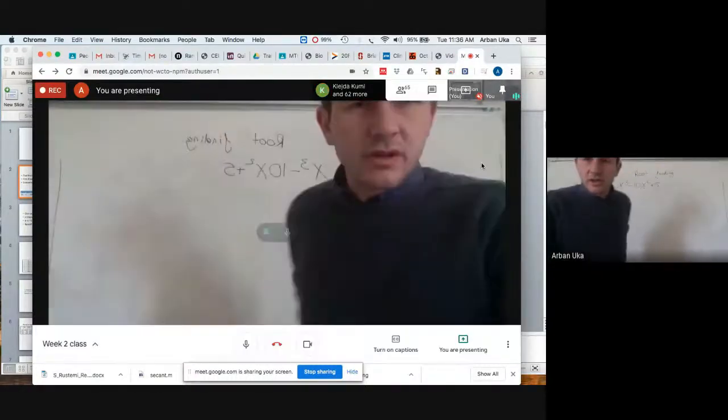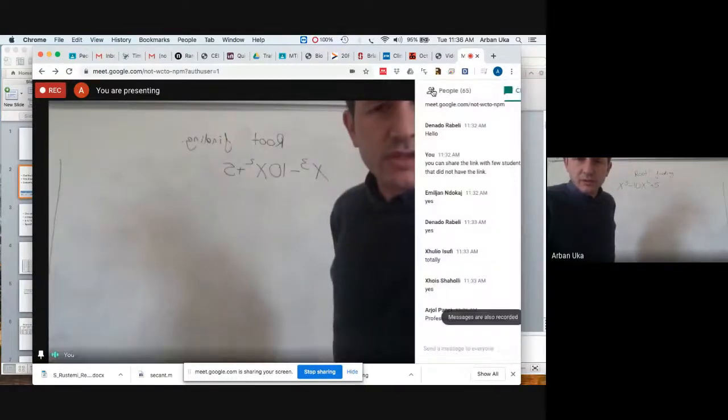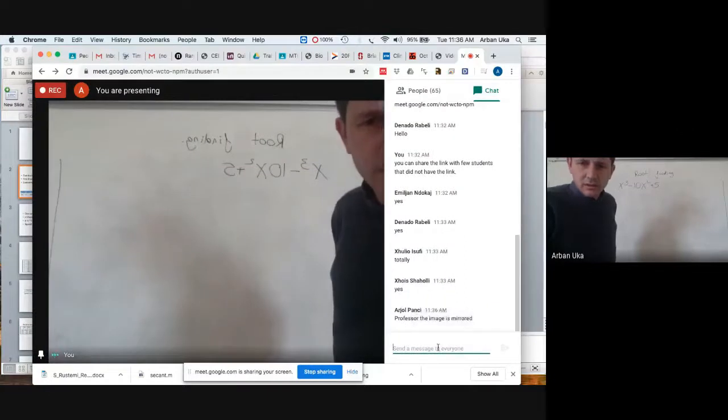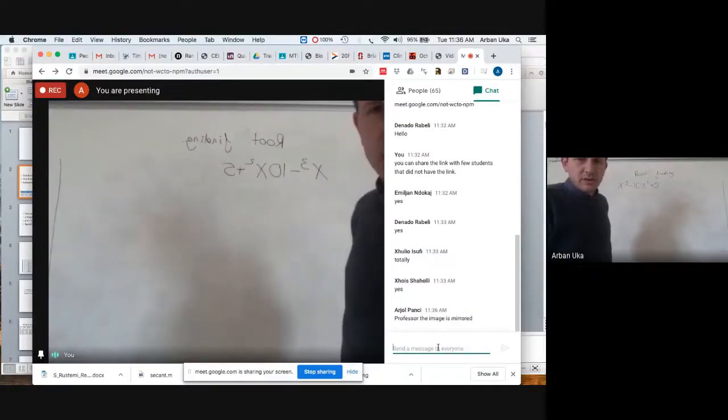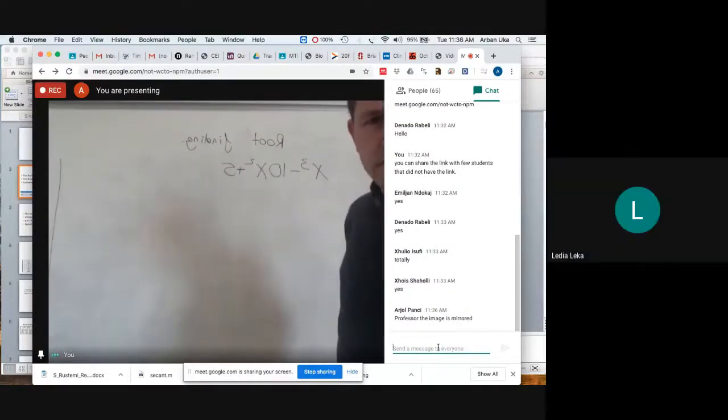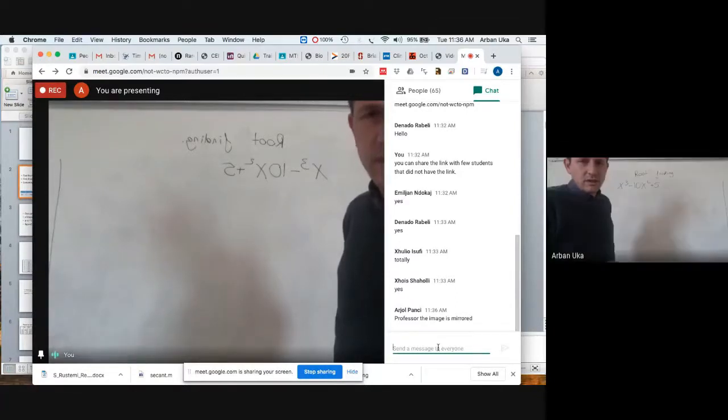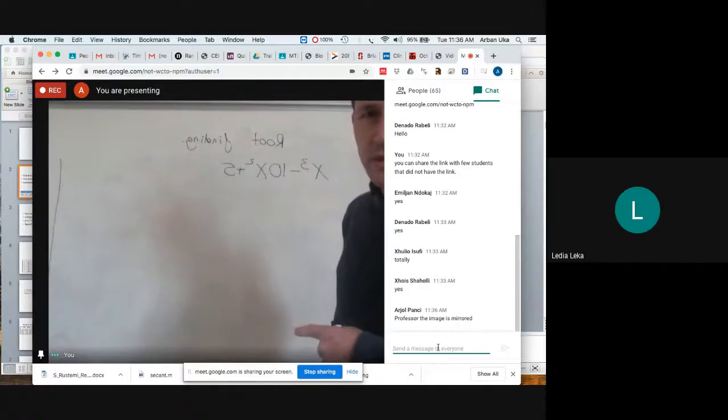So, any concern right now? You said that the image is muted. What do you mean by that? At least, can you read? It is unreadable. It is flipped.